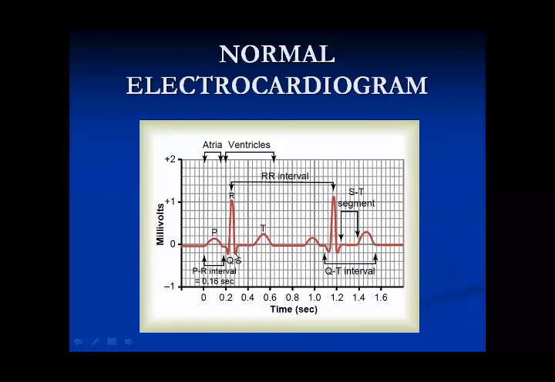So all those waves above the isoelectric line are considered positive, and all those below it are considered negative. Anything present on the isoelectric line shows that there is no difference of polarity at that particular moment, and that is why there is no deflection of current.